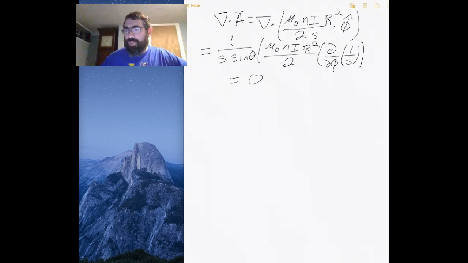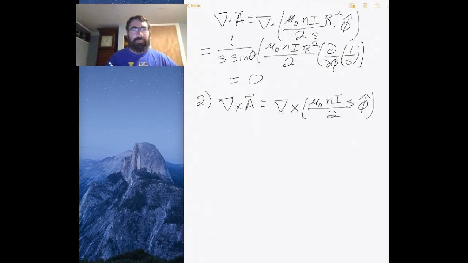We can also check the curl. So the curl of A is equal to the curl of our equation inside, mu 0 Ni s over 2 in the phi direction. Now remember, there's no radial component, there's no theta component, there's only a component in the phi direction.